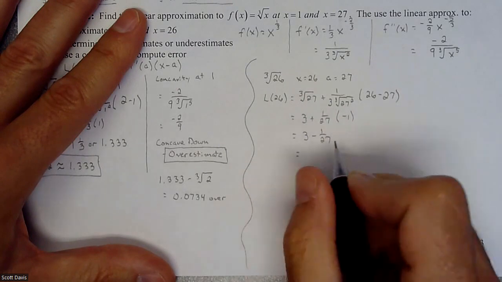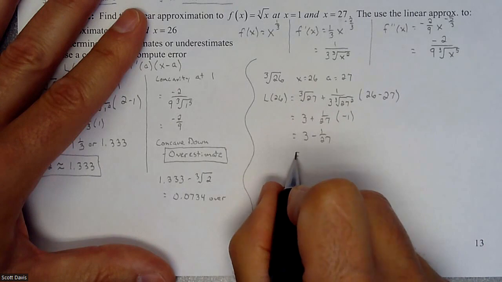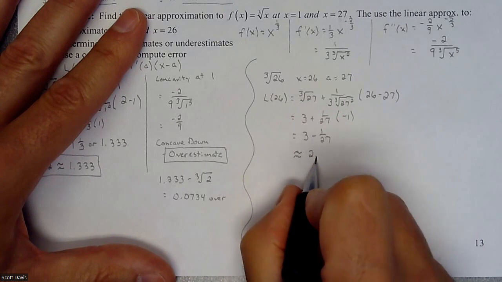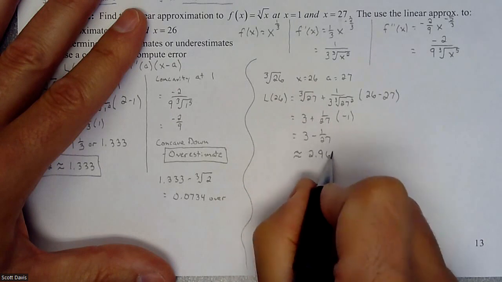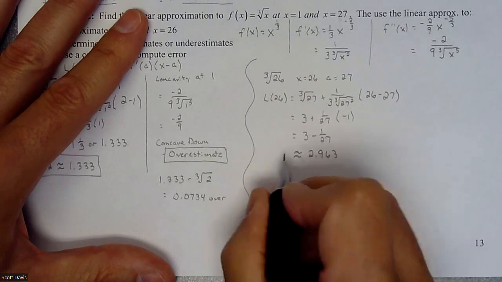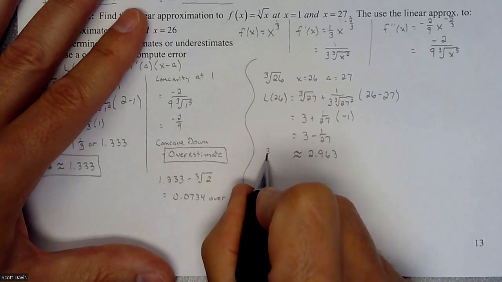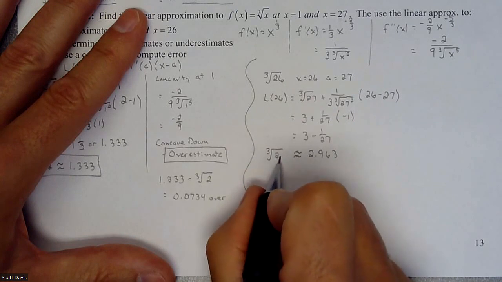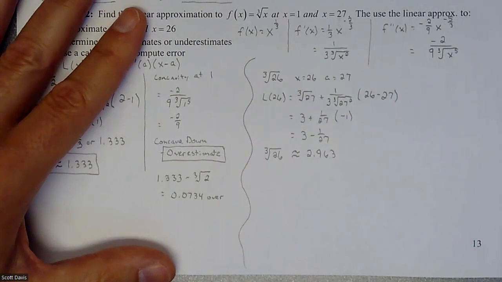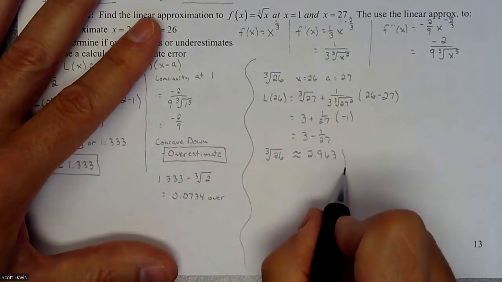If I plug that into a calculator, I get about 2.963. So I'm estimating that the cube root of 26 is about that much. Okay, so there's my estimate.